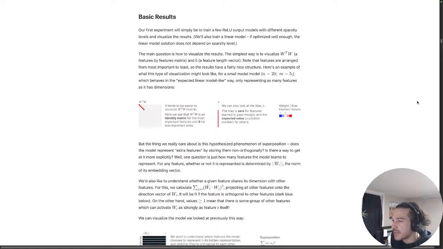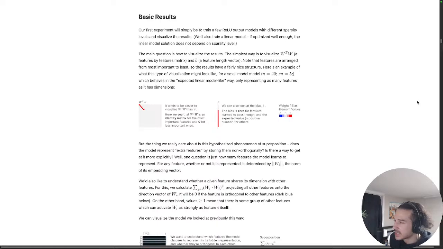So here we see a heat map for W transpose times W. It tends to be easier to visualize WTW than W. Here we see that WTW is an identity matrix for the most important features and 0 for less important ones. We can also look at the bias b. The bias is 0 for features learned to pass through, and the expected value, a positive number, for others.